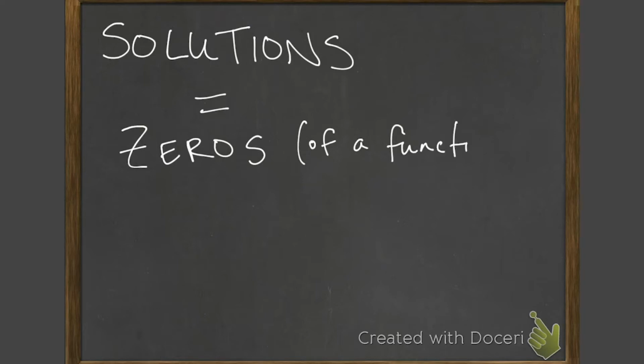And it is also the same as the x-intercept. All those mean the same thing. So if I'm looking for the solution, the zeros, or the x-intercept, it's what we've done so far. You could replace the word solutions with zeros, or with x-intercept. It doesn't affect anything else.